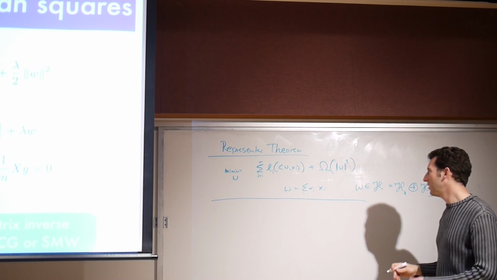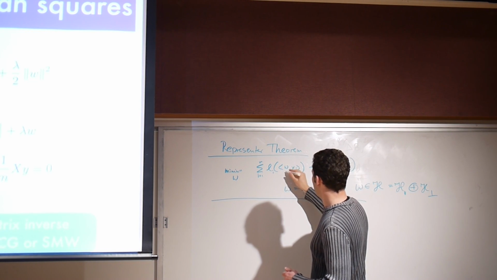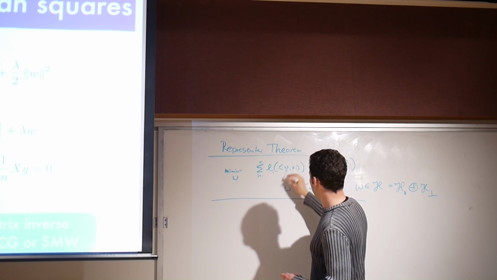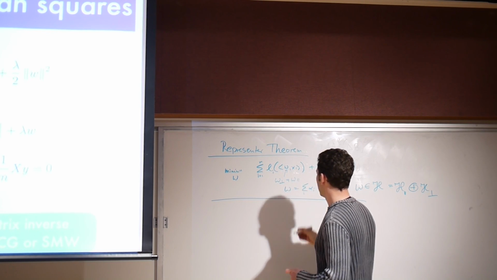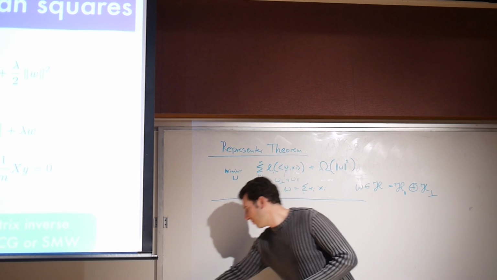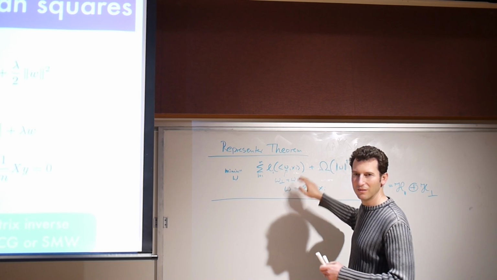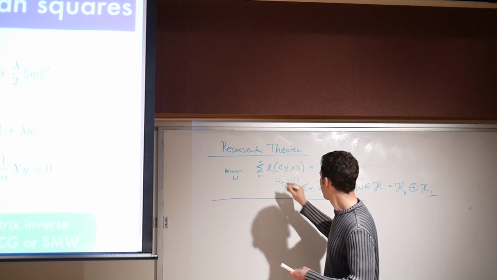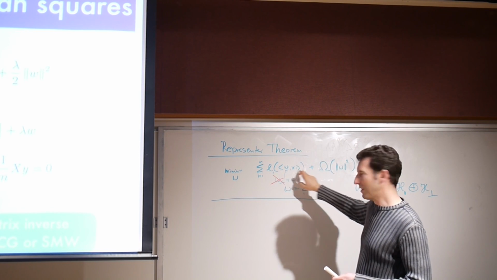Now, the first term here, if we decompose it into W orthogonal plus W parallel, I know that the orthogonal component cannot actually change the function value, because it's taking an inner product with the xi's, and those live in the span.